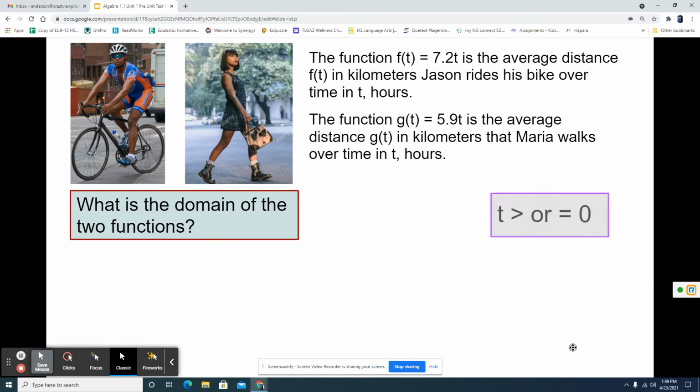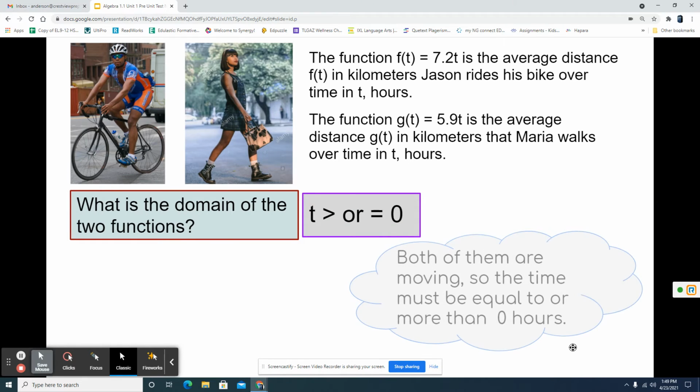So basically, boom, we know that both of them are moving. He's on a bike, she's walking. So the time must be equal to or more than 0 hours, simply because they're moving.